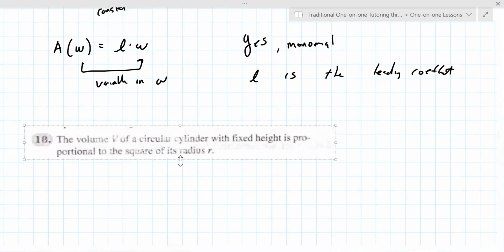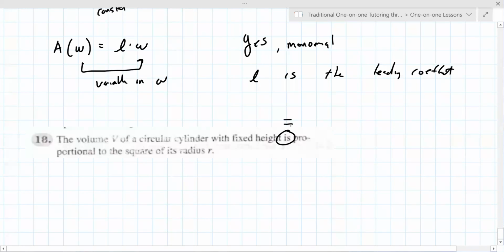So you don't need to know any formulas, but you have to read this and interpret this. The volume of a fixed cylinder is, so the "is" tells you where the equal sign is, V equals the square of its radius.